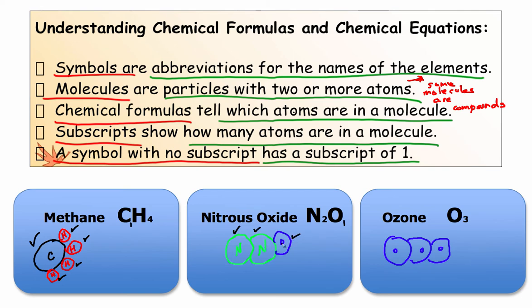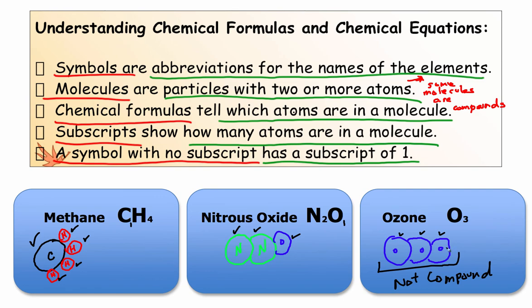And finally, ozone, an interesting molecule, is made up only of oxygen atoms, and there are 3 of them: 1, 2, and 3 oxygen atoms. So this particular molecule would not be a compound because it's only made up of 1 type of atom, oxygen.